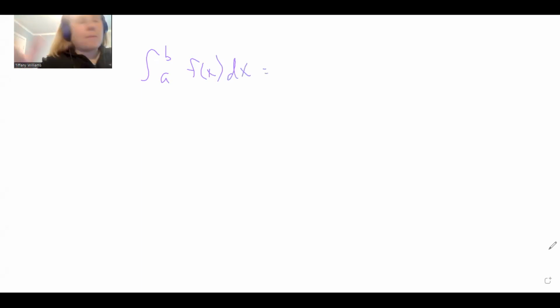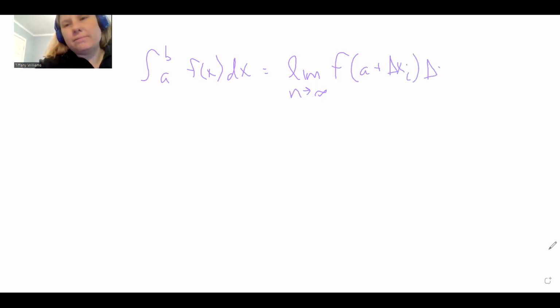So we did have that part of the definition, but I'm going to rewrite this to be the limit as n approaches infinity of the sum of f of A plus delta x i, times delta x. So we've not seen the A plus delta x i. That's new. Now it means the same thing as what we had previously. It's just that this definition is going to help us do number 65 a lot easier.